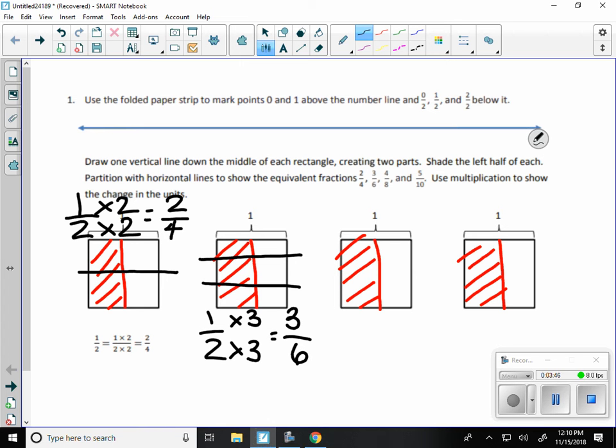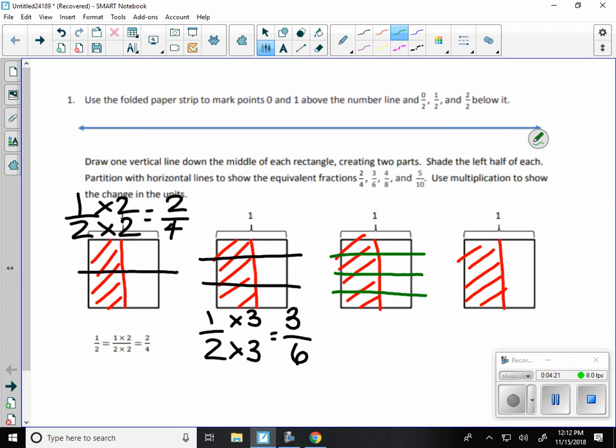I want you to take this one and put it in 4 sections. And on the back of your square, give me the equivalent fraction. Okay, so if we took this one and divided it into 4 sections, 3 lines, 1, 2, 3, 4 sections.